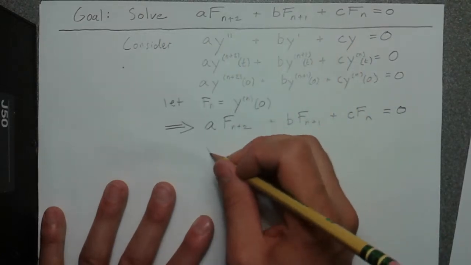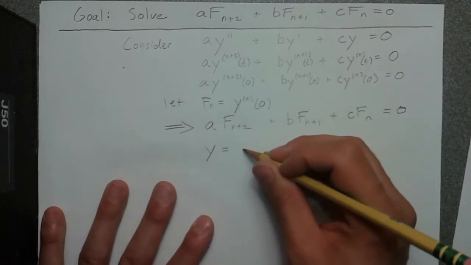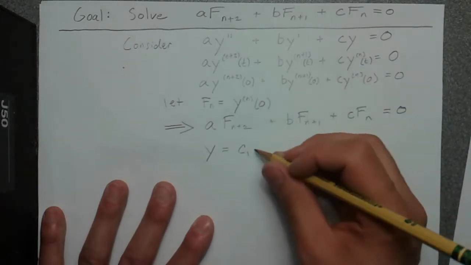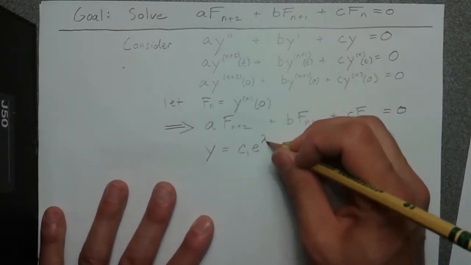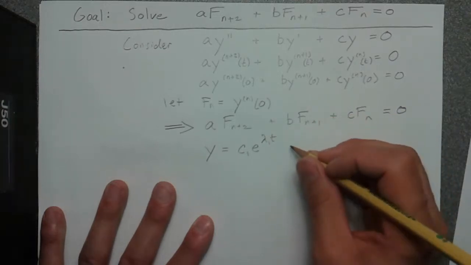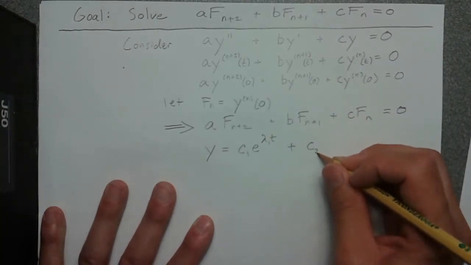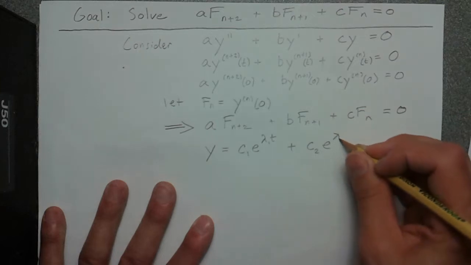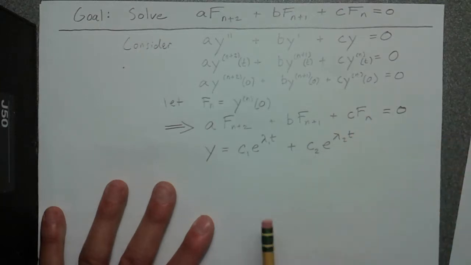If you do that, you'll see that y is equal to a constant times e to the first characteristic equation root, and another constant times the second one. Here I'm assuming that the characteristic equation doesn't have a repeated root.